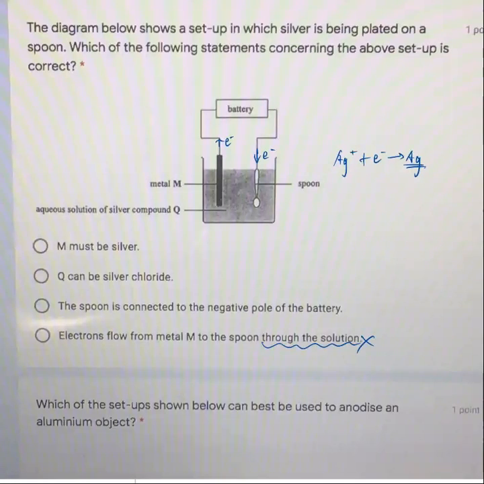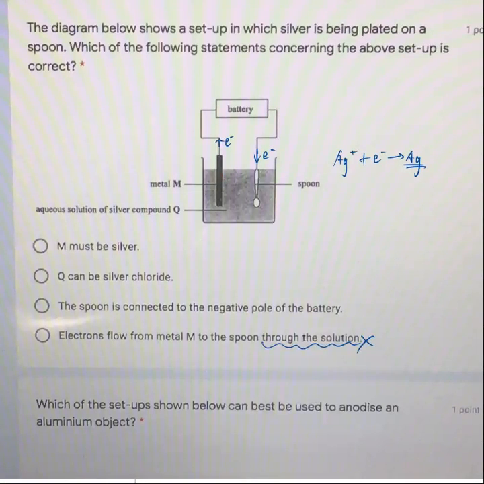But electrons are not floating in the solution. They are gained by the ions in the solution. Electrons do not move freely in the solution. They are gained by the ions and lost by the ions, and then the electrons flow through the wire.